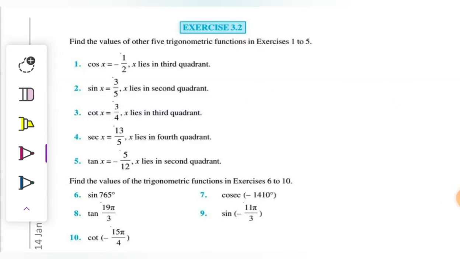Okay, now the second question. Sin x equals 3 by 5. x lies in the second quadrant.